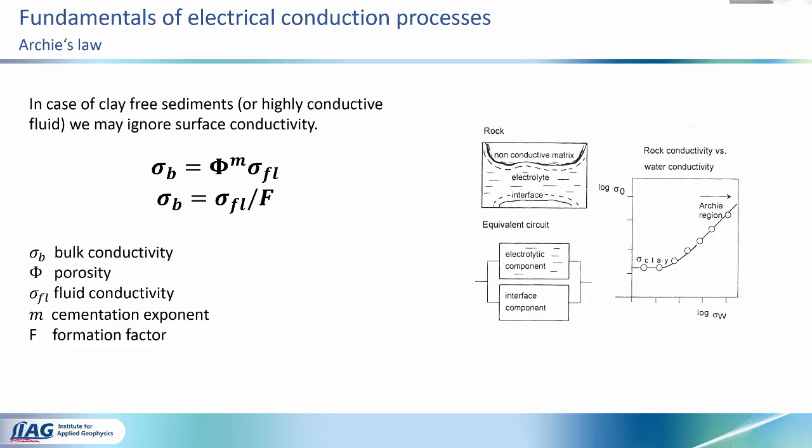This is something you maybe easily get by measuring the bulk conductivity and measuring the fluid conductivity. It is more complicated to really know about the cementation factor and really know about porosity, but it might be much easier to get this factor without diving too deep into distinguishing these two.